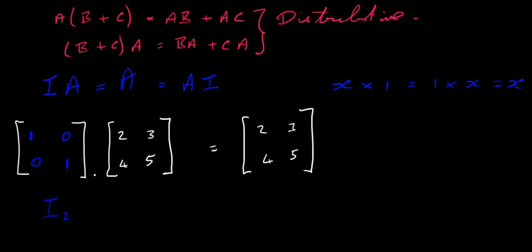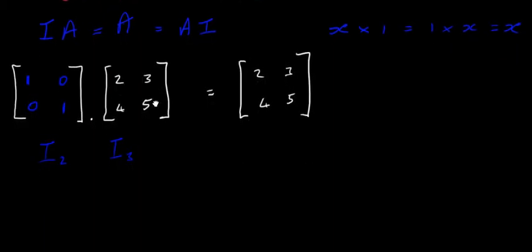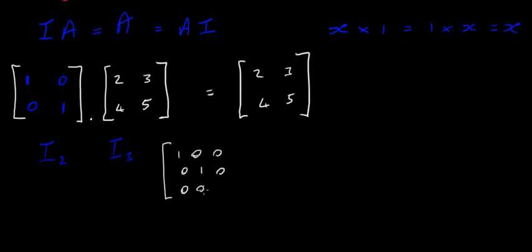There are 3 by 3 identity matrices, and rather than writing it out, you could just write down I3, because it'll look like this. It will be a 3 by 3 matrix, so it will just be 1 0 0, 0 1 0, 0 0 1.